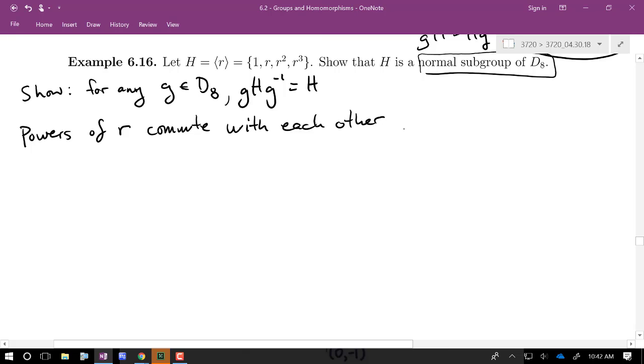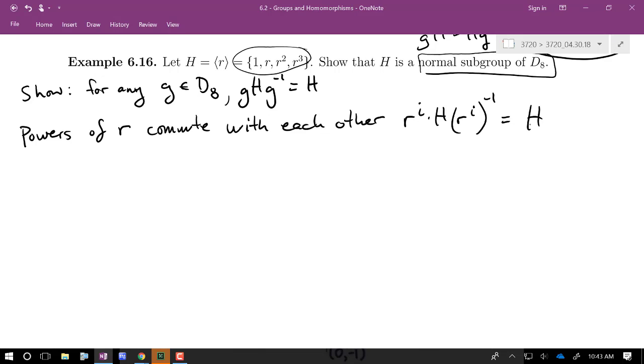If H consists of these elements, then when I find some R to the I times H times R to the I inverse, this will always just give me H. Because in fact, H is always just one of these elements of R. The rotations commute with each other. So not only will I generate the same set, I'll in fact, element for element, generate the same element.